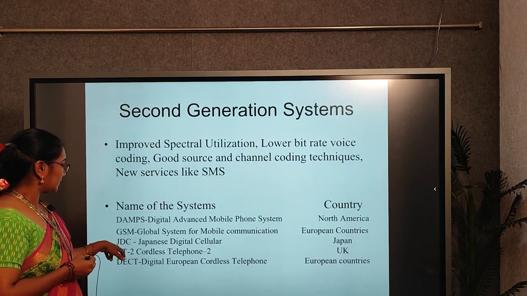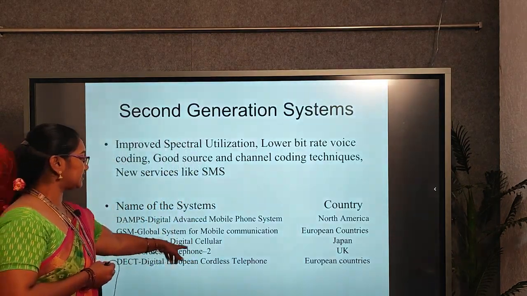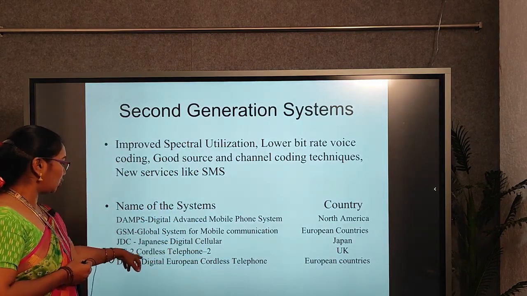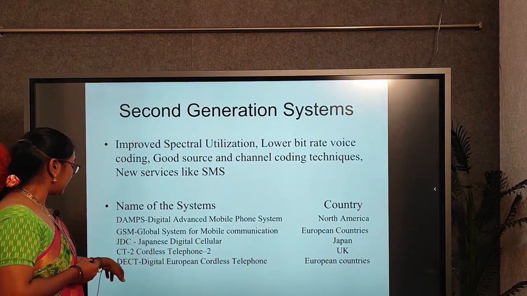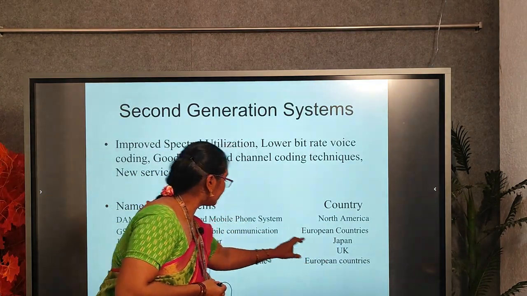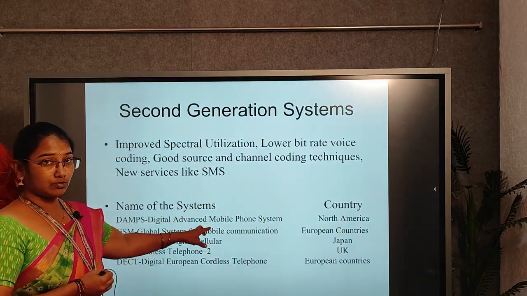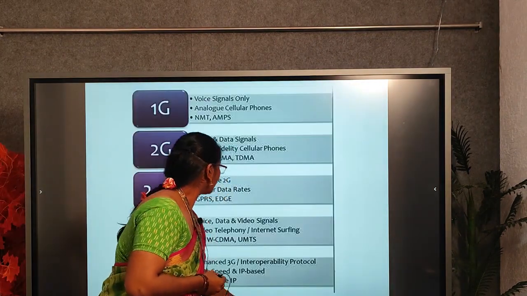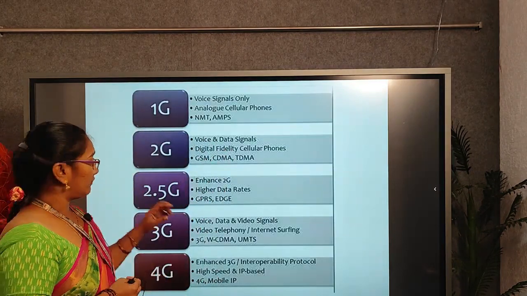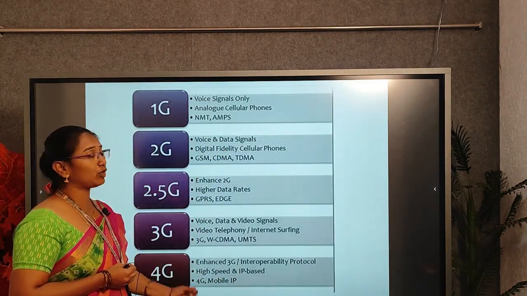And JDC, Japanese Digital Cellular, CT2, Cordless Telephone 2, and DECT, Digital European Cordless Telephone. These are the countries which are using this type of second generation cellular mobile systems. Okay, and here we are going with the different types of generations in cellular mobile communication.